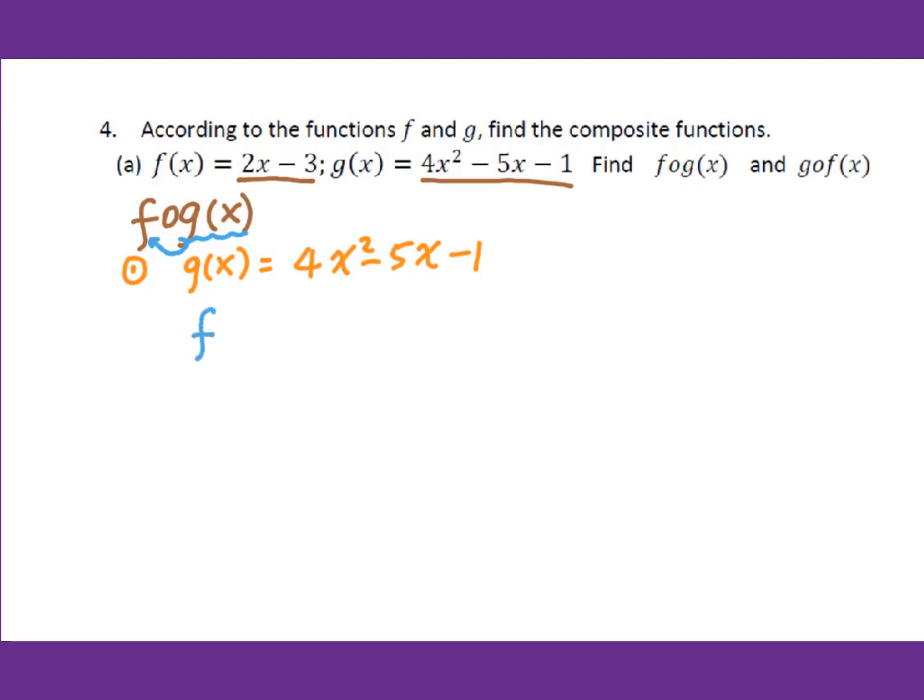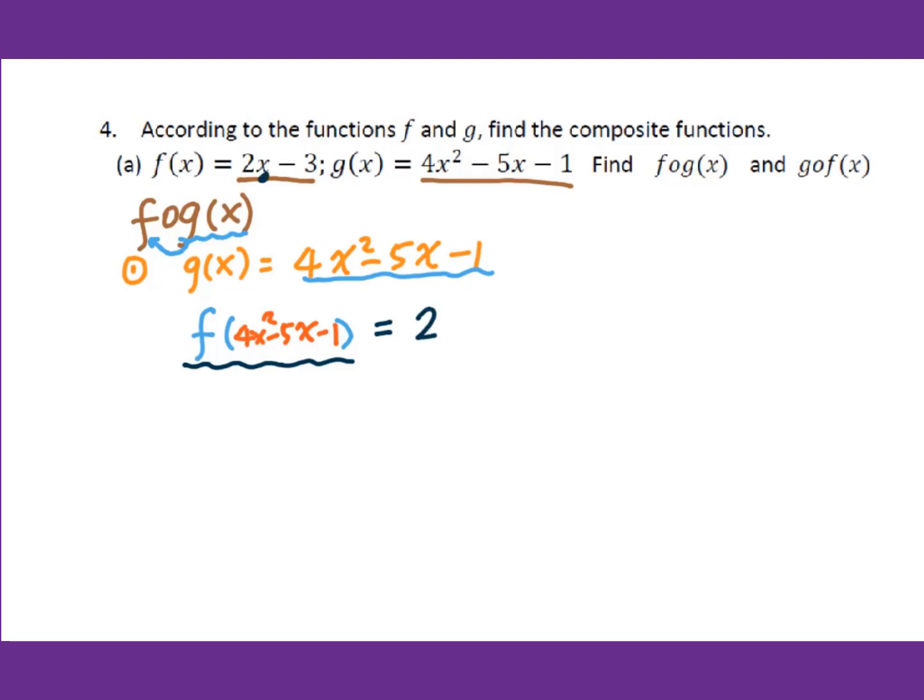So we plug this value, 4x squared minus 5x minus 1, into the f function. The meaning for f of 4x squared minus 5x minus 1 is that for every single x, change into 4x squared minus 5x minus 1 for f of x. So we got the 2.